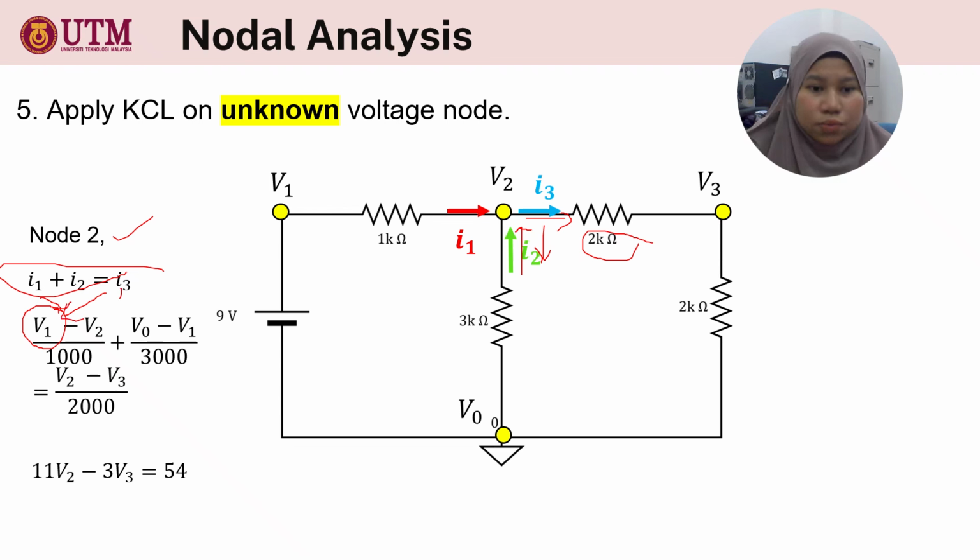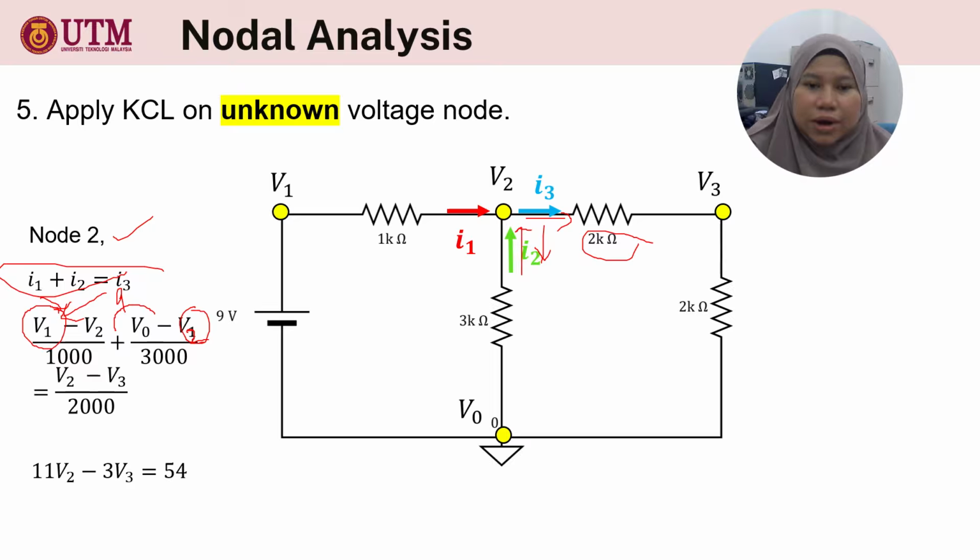V1 is 9, we already know that. This is 9. Okay, this is wrong. This is not V1, this is V2 actually. Sorry. This is V0.